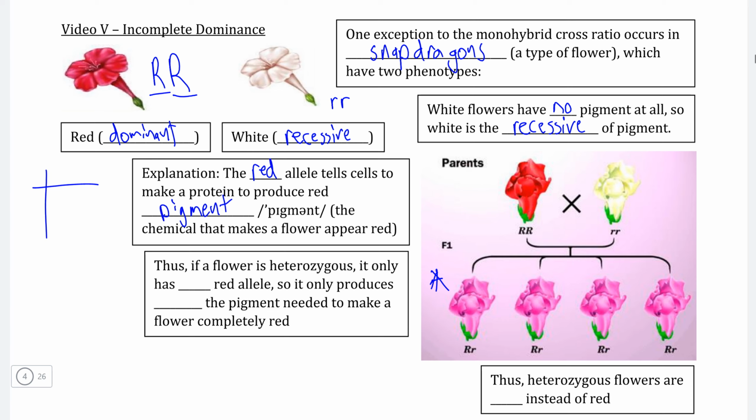So if we do a fairly simple Punnett square, it should be pretty obvious to predict what all of the genotypes of the offspring are going to be. So the homozygous dominant parent can only produce gametes with the dominant allele, the big R allele, regardless of whether the paternal or maternal allele is contributed to gametes, and this is the same with the white flower.